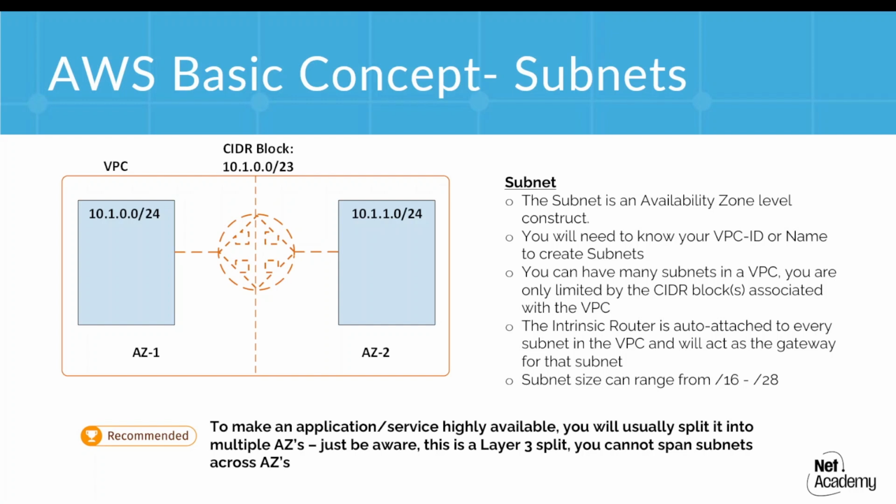Just be aware though, that's a layer 3 split. You can't span subnets across AZs. This is directly in contrast to something like GCP or Azure, where they do allow you to span a subnet object across multiple AZs. So it makes the failover maybe a little more like what we're used to in a traditional data center, right? Hopefully that makes sense. But if not, again, we have the comments. Let's get some discussion going.